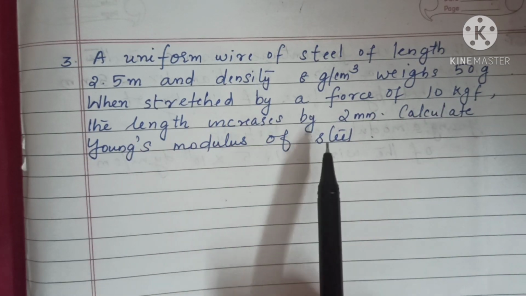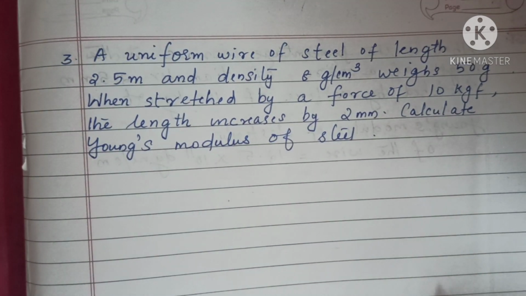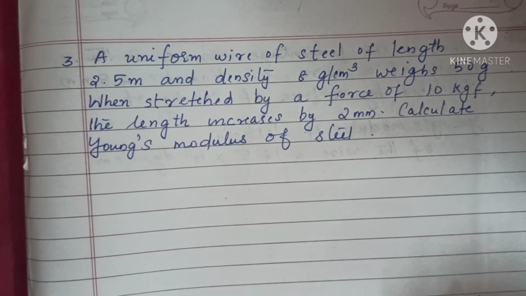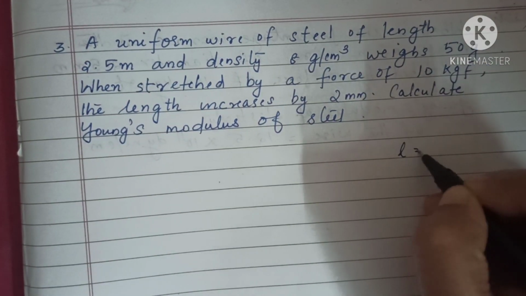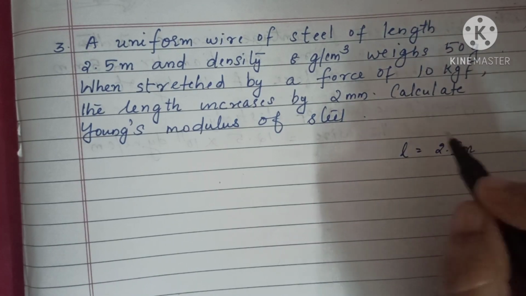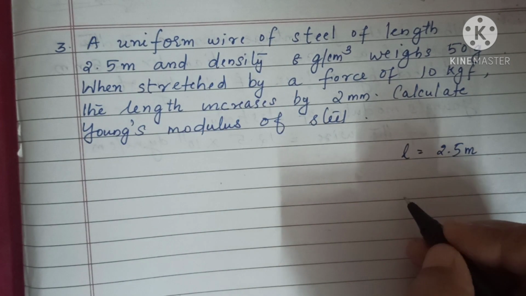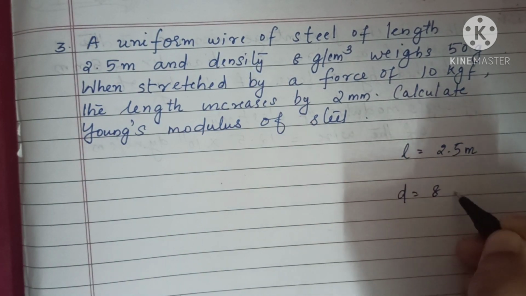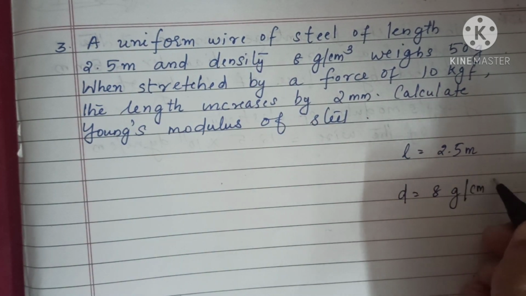Calculate Young's modulus of steel. So first we have a uniform wire of steel, and what about the length? Length is 2.5 meters. Clear? Now density is given there. Density is 8 gram per centimeter cube.